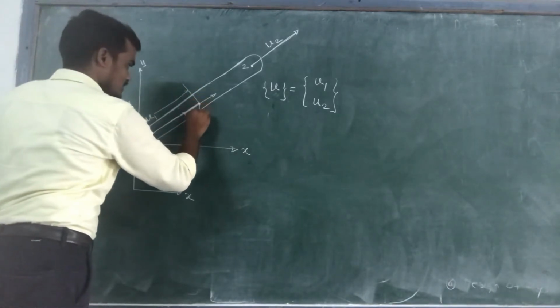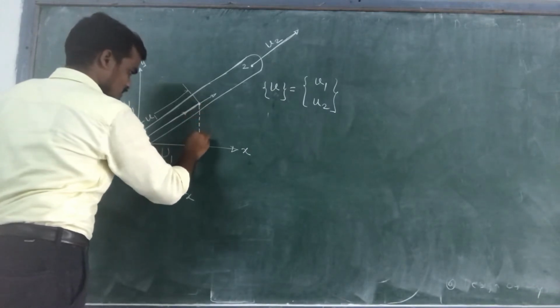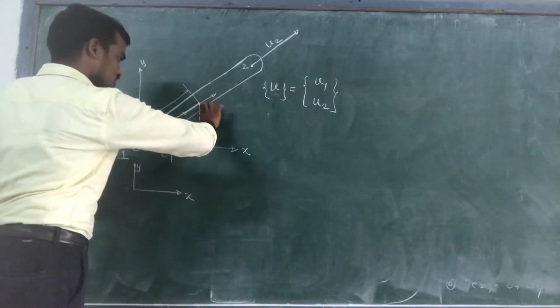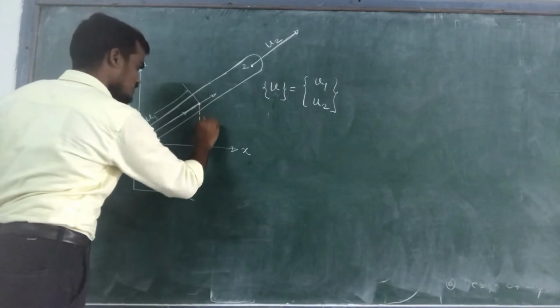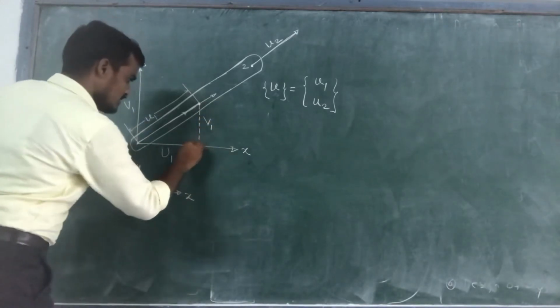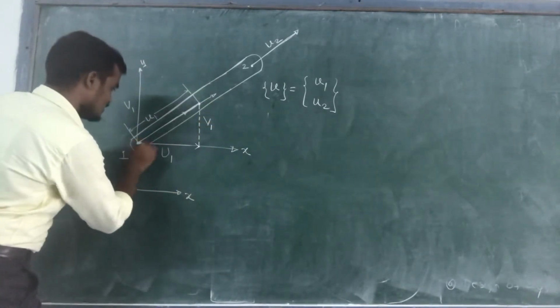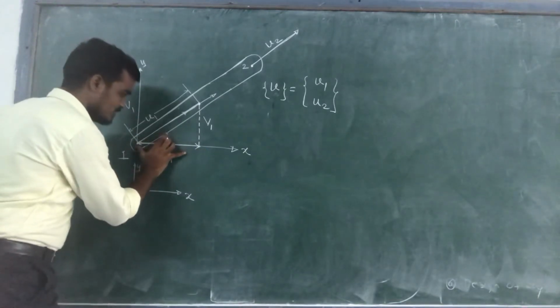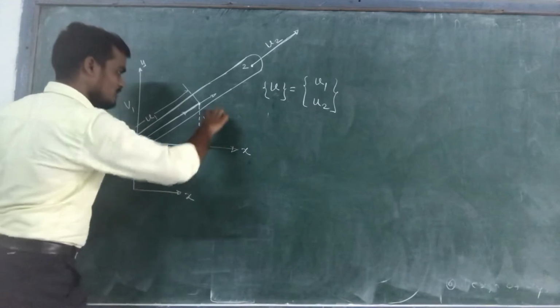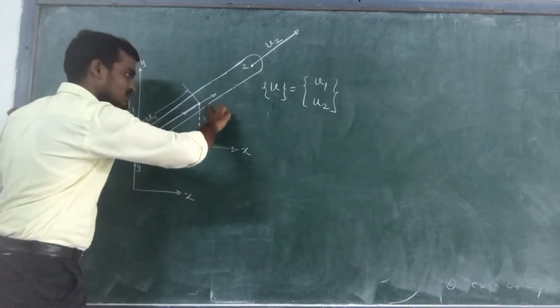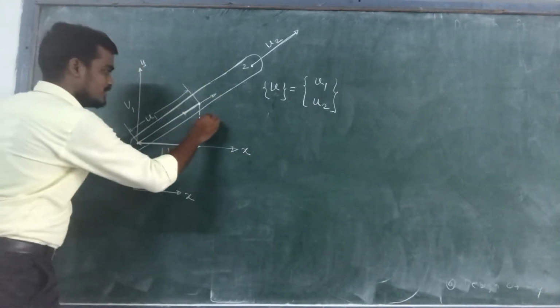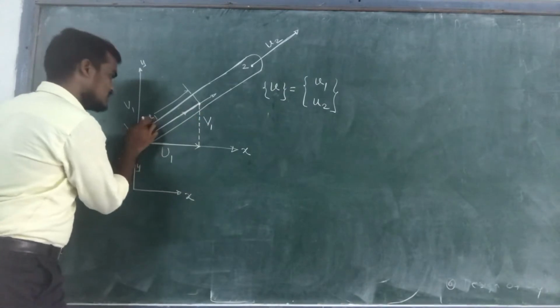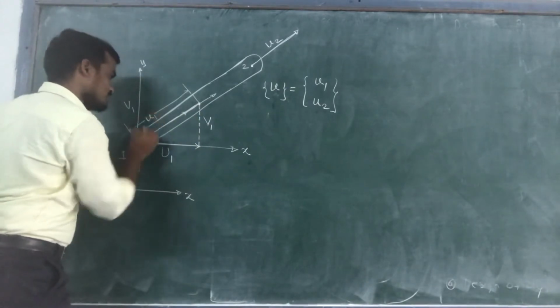So this displacement in global coordinates will be the v1 and this will be your u1. Small u1 is the global displacement in x direction, v1 is the global displacement in y direction. Now we need to find out this small u1.